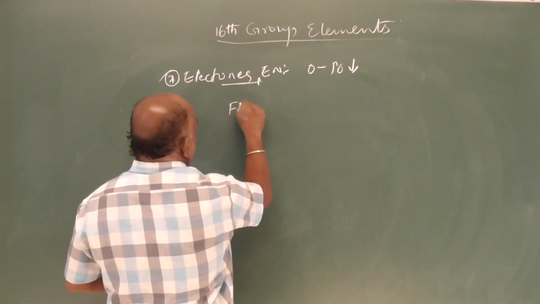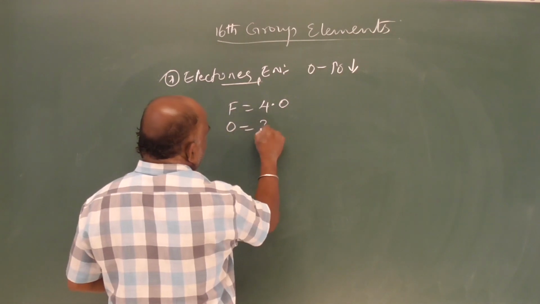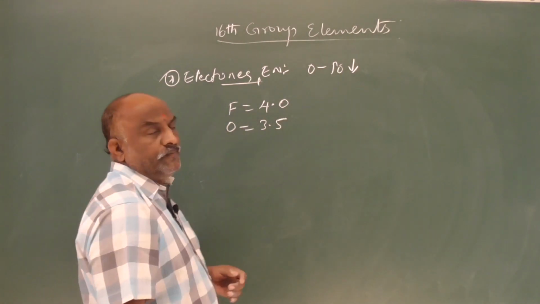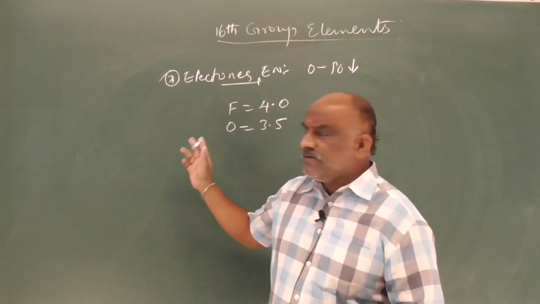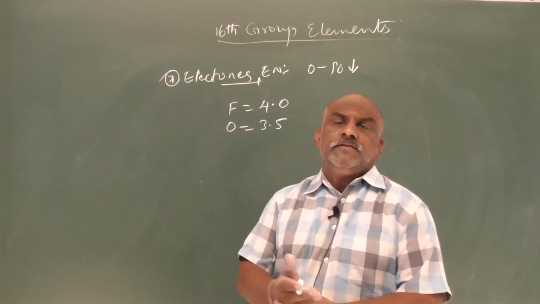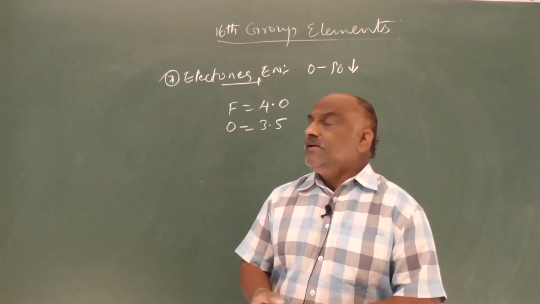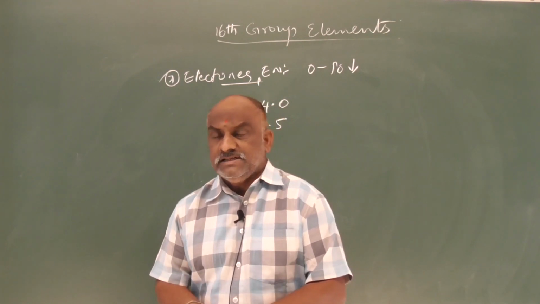Fluorine's electronegativity is 4.0 on the Pauling scale, and oxygen's is 3.5. Going to sulfur, selenium, tellurium, we get 2.4, 2.1, like that. So electronegativity values decrease down the group because size increases.